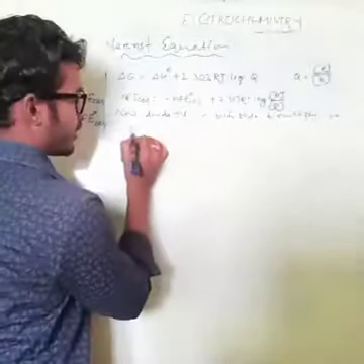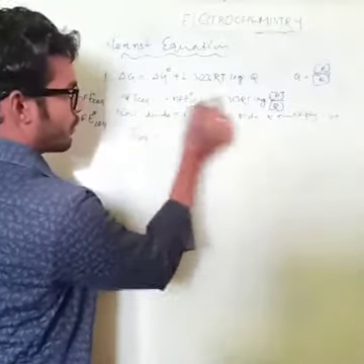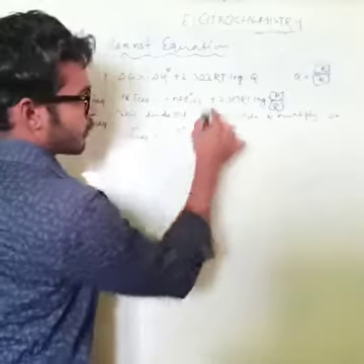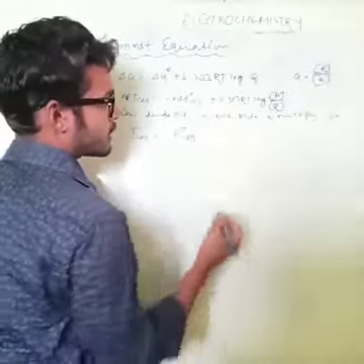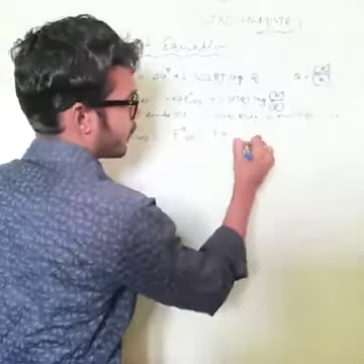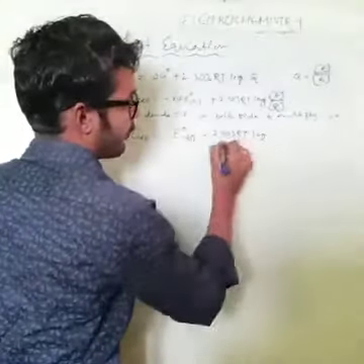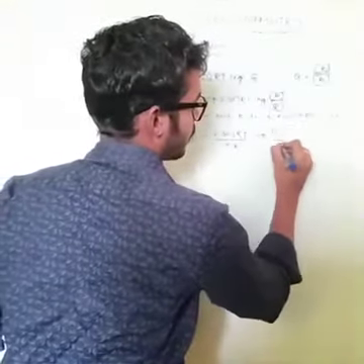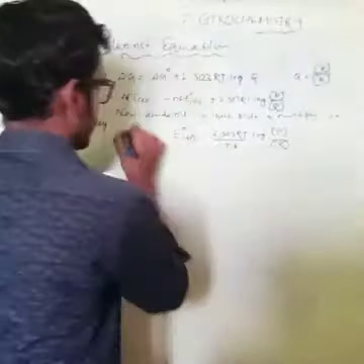What you will get is E cell equals E naught cell minus 2.303 RT by nF log product by reactant concentration.